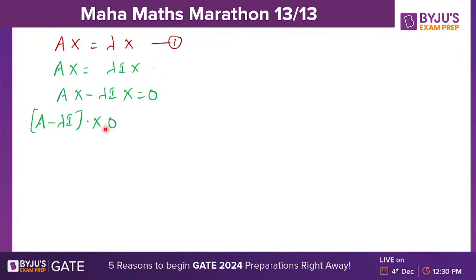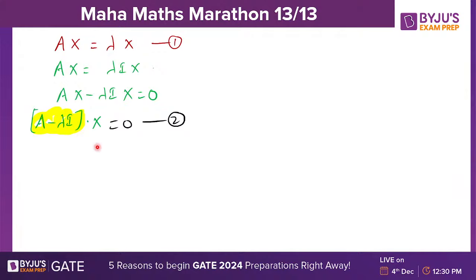So students, I want to remind you that this is a coefficient matrix. This is a variable matrix and the right hand side is 0. So this is nothing but a homogeneous system. For a homogeneous system, we have two types of solution, trivial and non-trivial. We are interested in the non-trivial, non-zero solution.